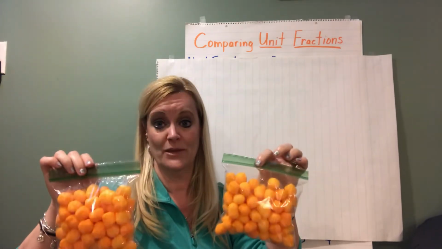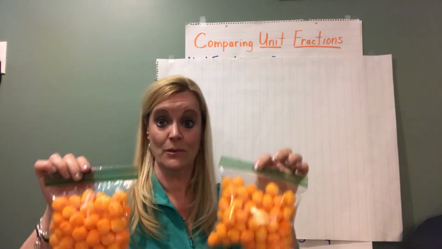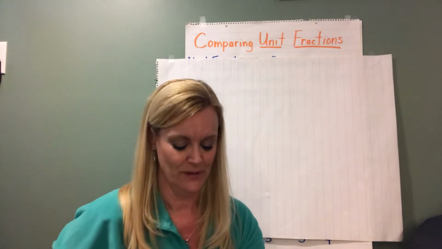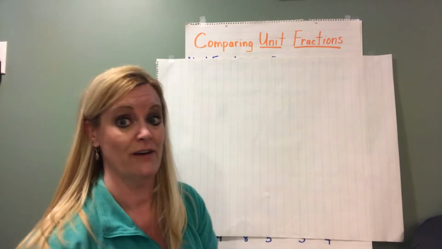We're talking about something that's cut into equal pieces of an object that's the same size, okay? No ginormous tubs of cheese balls. Not okay. So anyway, let's get on to our lesson with comparing fractions.